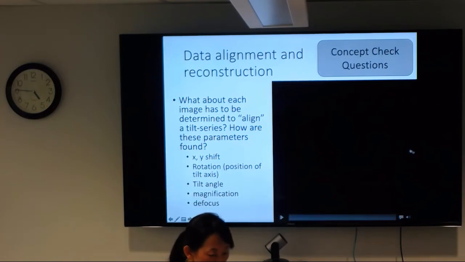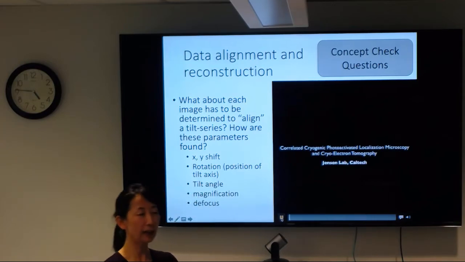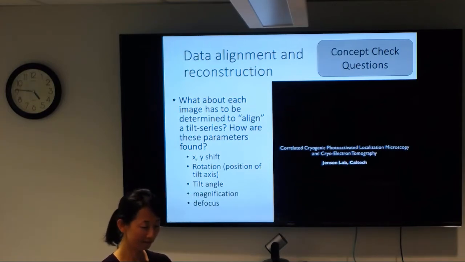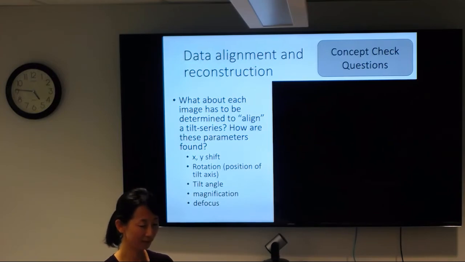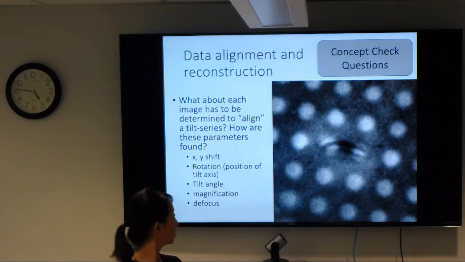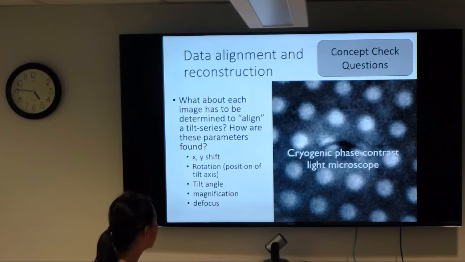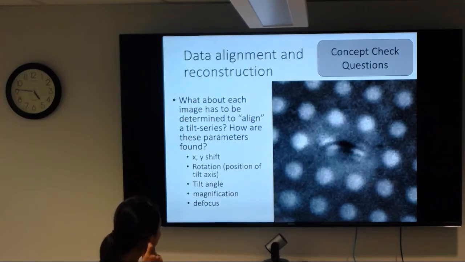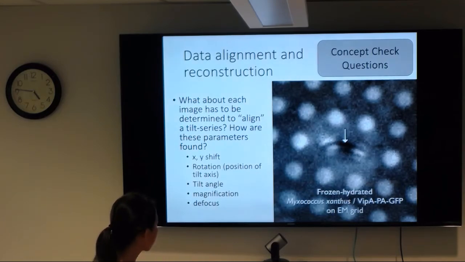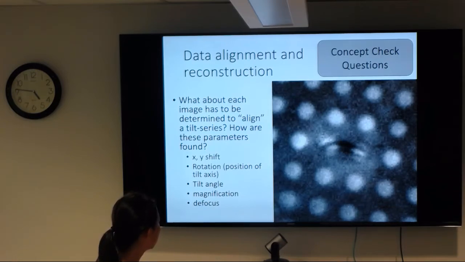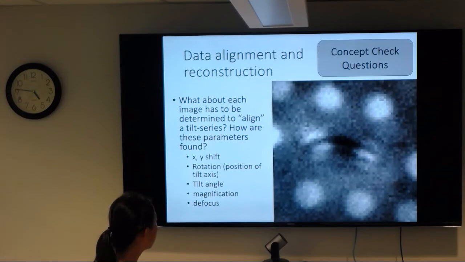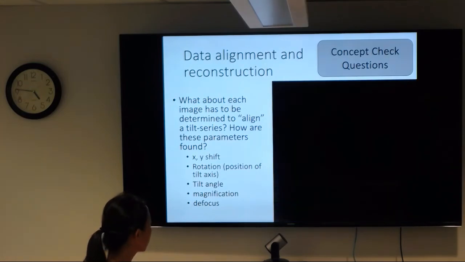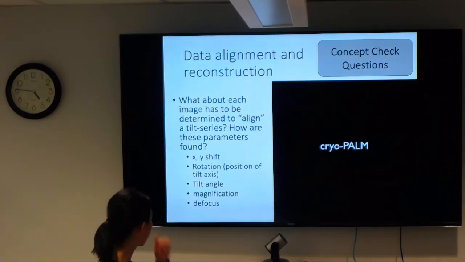This is the movie they have at the end of the project. Light microscope. That's a cell. Zoom in to look at the photoactivation of the fluorophores.